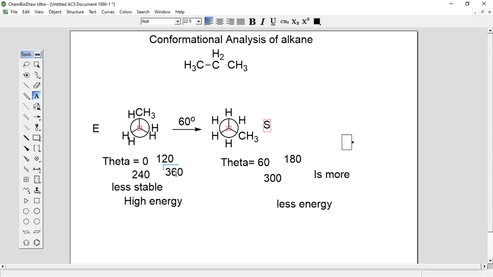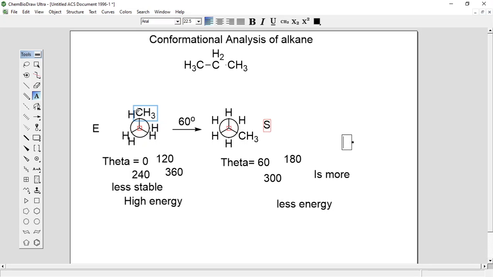In this eclipse conformation, hydrogen and CH3 eclipsing interactions are observed. That's why there is an increase in energy compared to ethane.